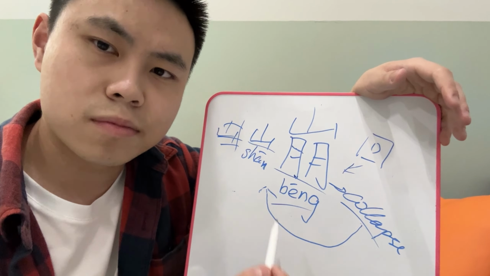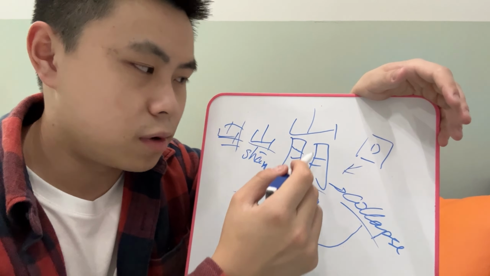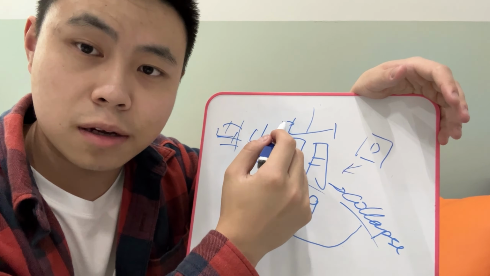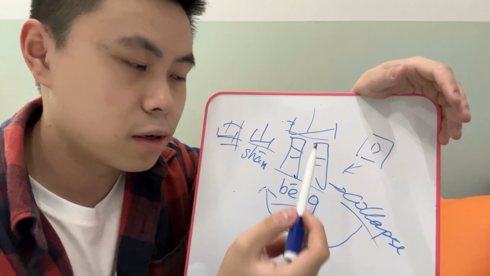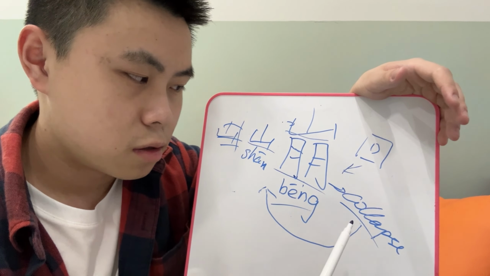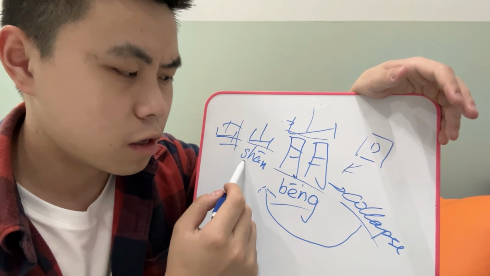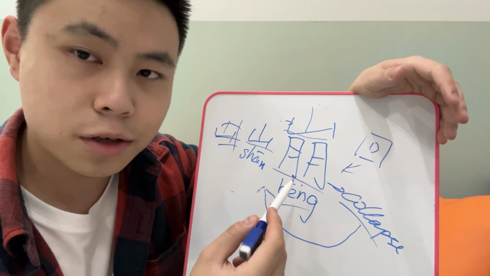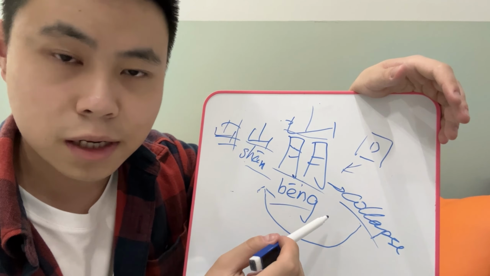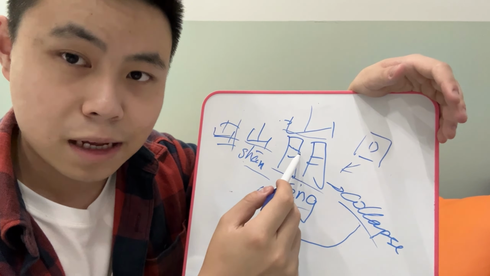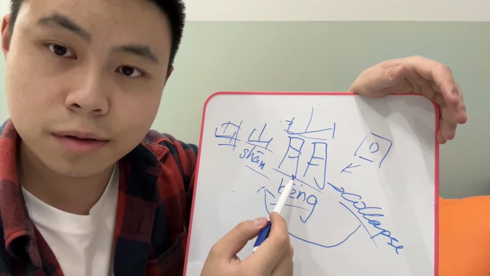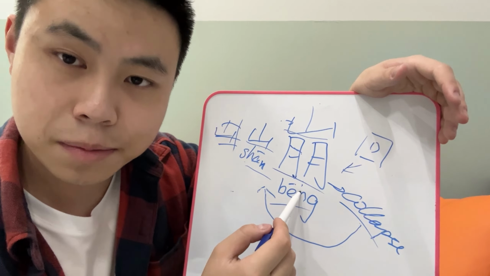So look at this character. It has a mountain at the top. So look at the meaning. This will be a really frequently used term, right? Collapsed, like a mountain. Mountain collapsed.